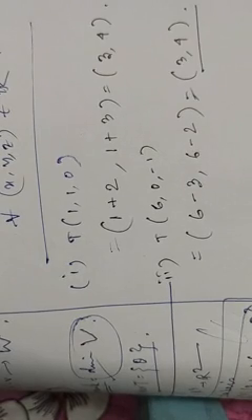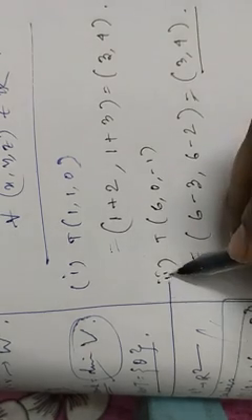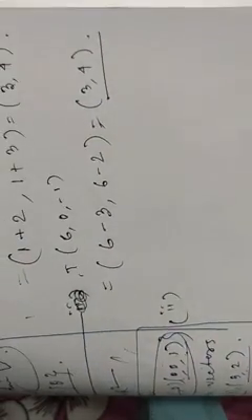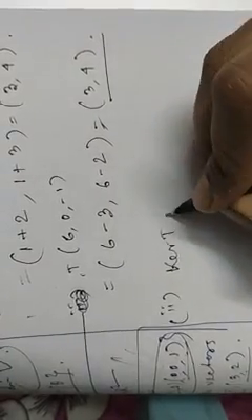Okay, now moving to the next question, number 2, which asks to find ker T and image T. We know how to do that, but let's do it again. To find ker T means all of the collection of (x, y, z) belonging to our domain set such that its image is theta, that means the (0, 0) element.